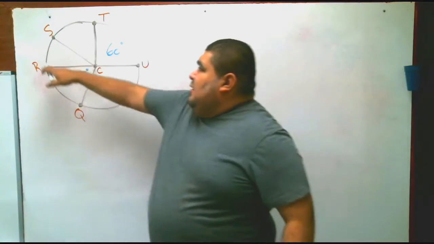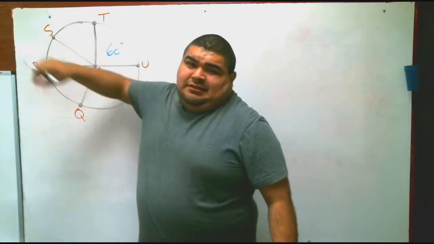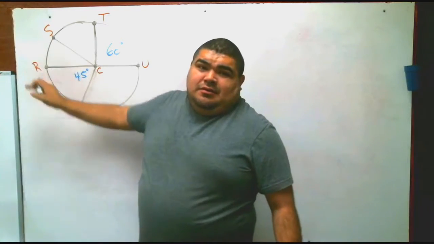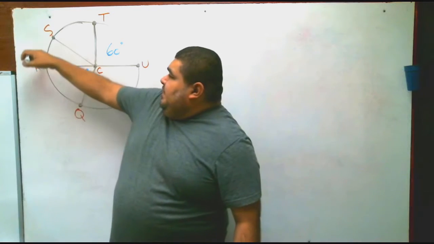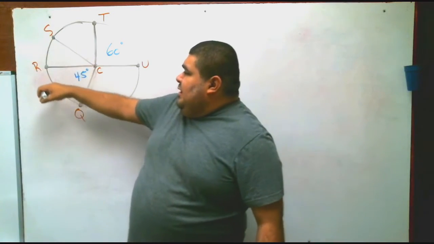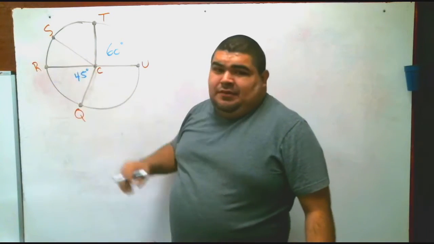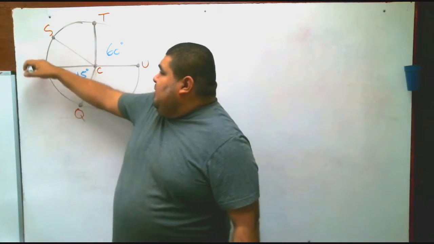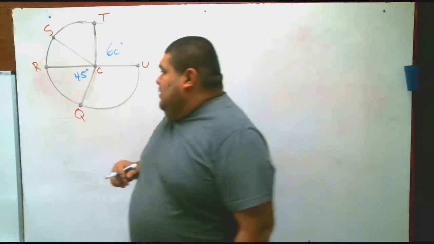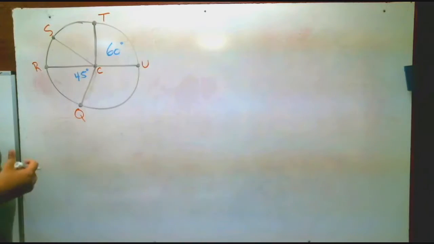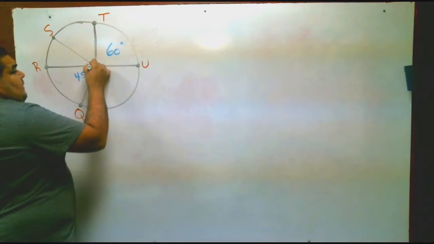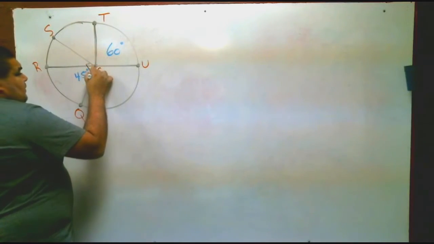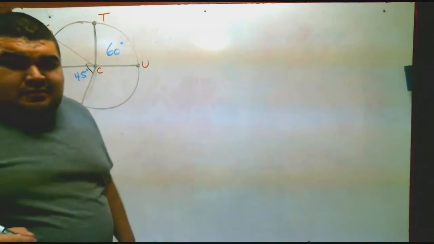It tells us that S, R, and Q, okay? That means that this arc here, okay, if you guys remember, the outer part is an arc, has a measurement of 90 degrees. So that means that the angle on the inside is 90 degrees.